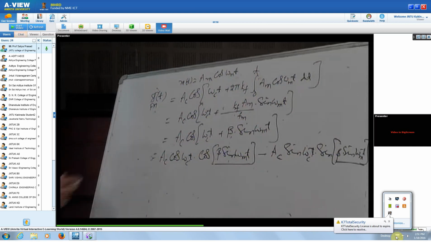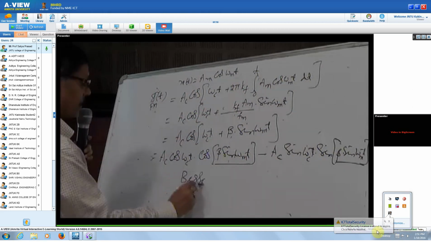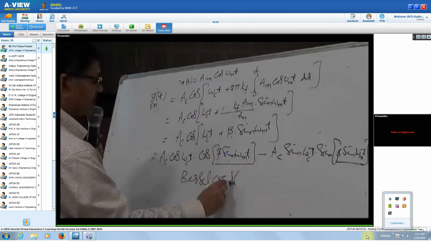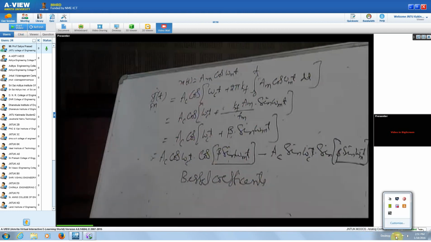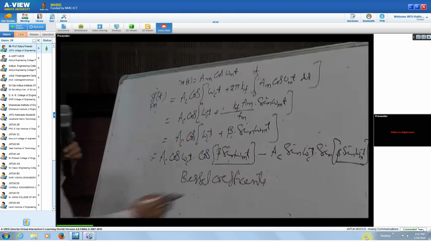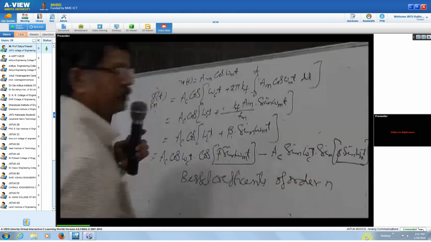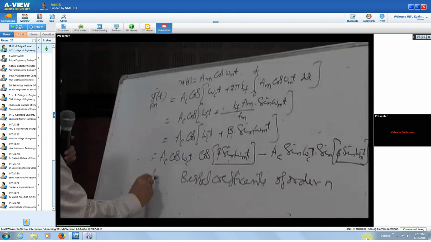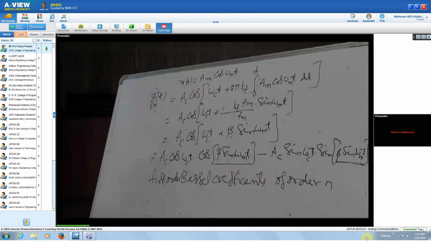So instead of finding the direct coefficients, we are going to expand it in terms of Bessel coefficients of order n.